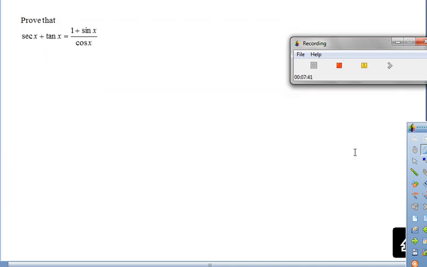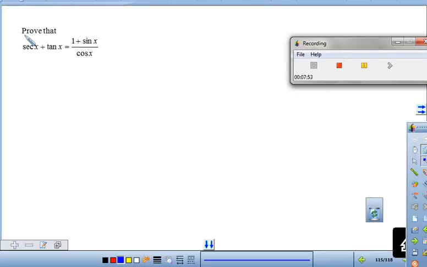And the next one here, we have the secant of x plus tangent of x is equal to 1 plus sine of x over cosine of x. So you can pick a side. I'm going to work with this one, because this is already in terms of sine and cosine.